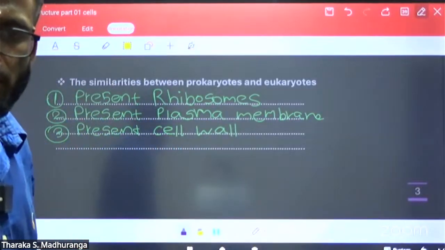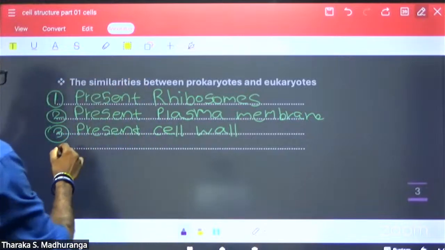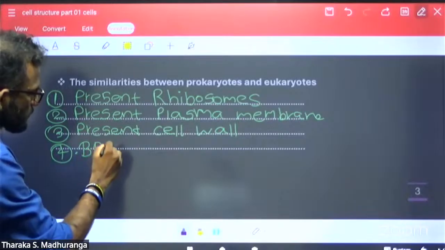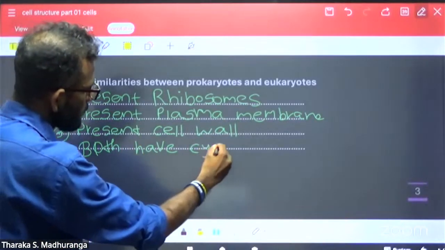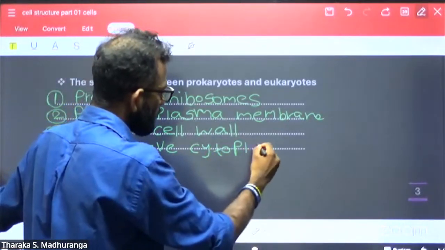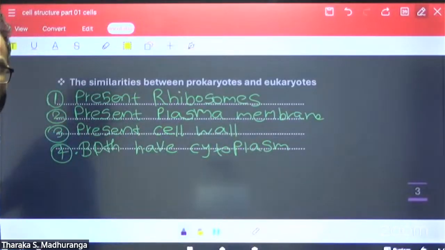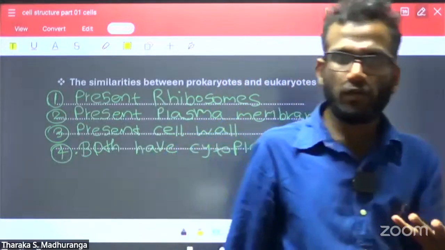What else? Yeah, both have cytoplasm. Anyone, you can note down. Both have cytoplasm. And both have chromosomes. If it is multiple or whatever, chromosomes are present.